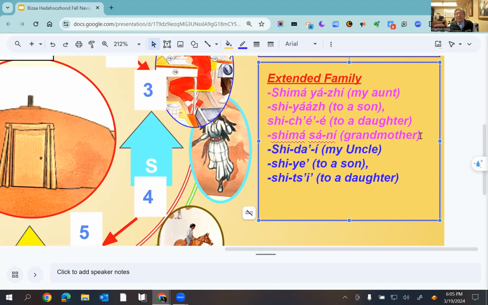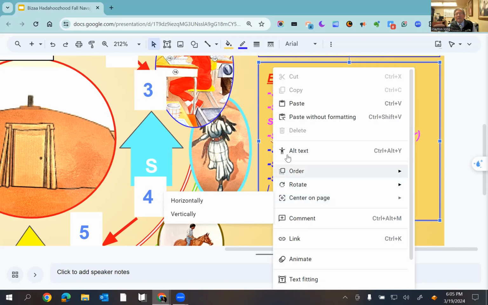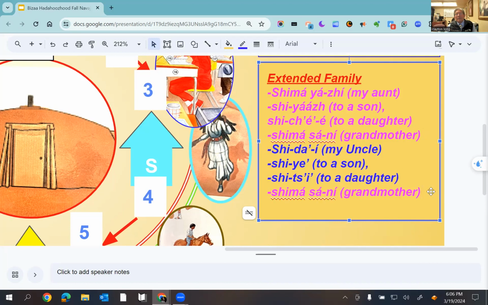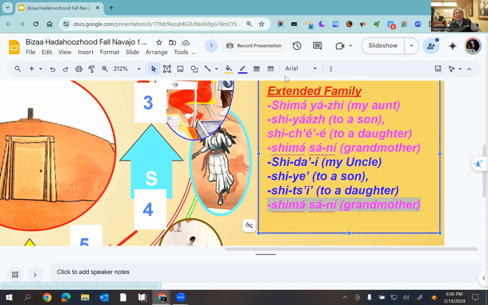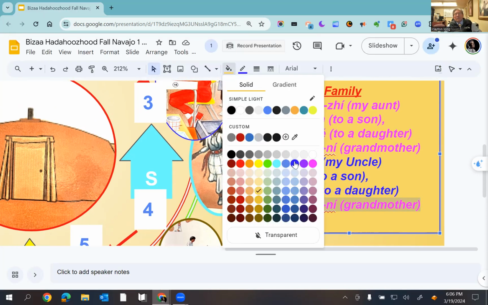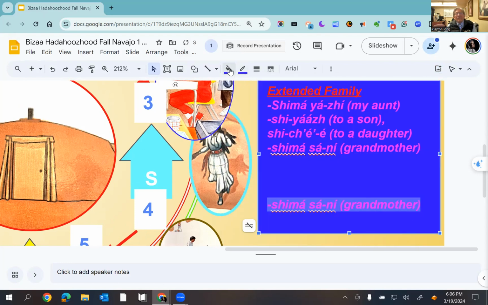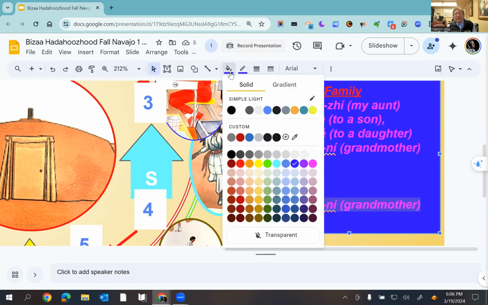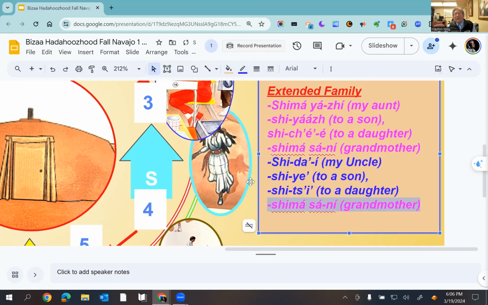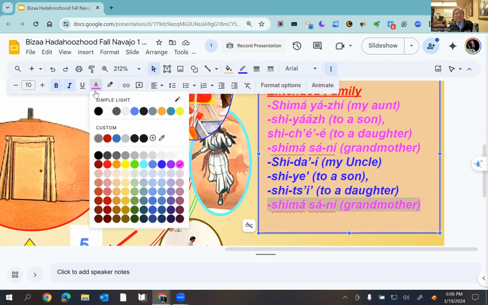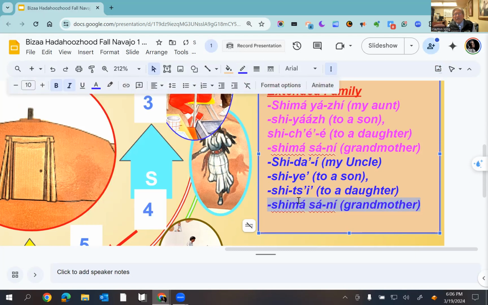And same thing with grandpa here. Let's make that. Whoops. Why did I do that? And I don't remember what color. That's okay. All right, so we got this. Okay.